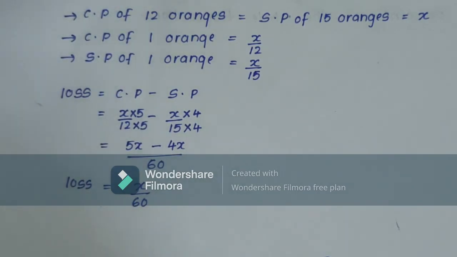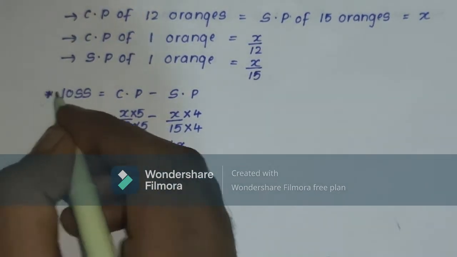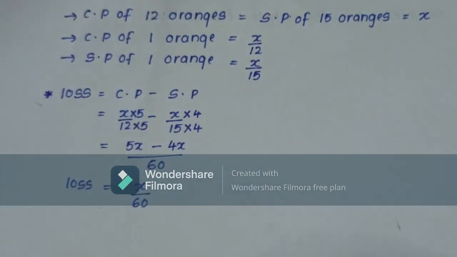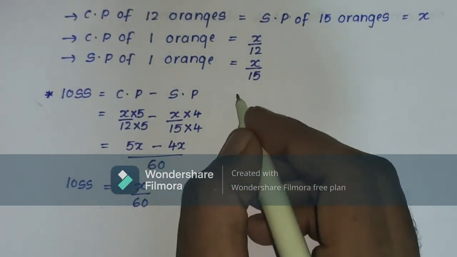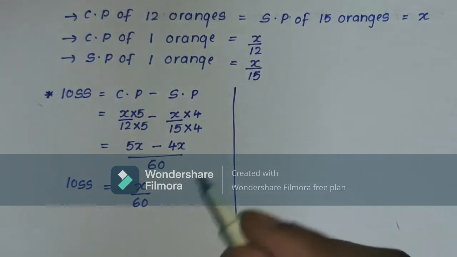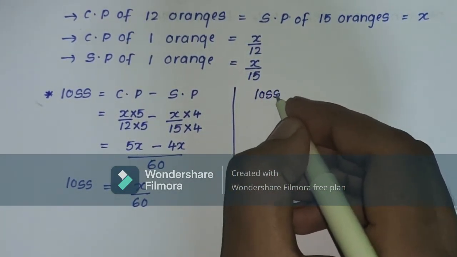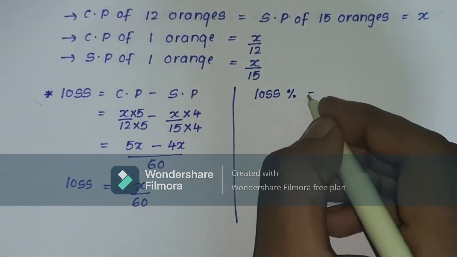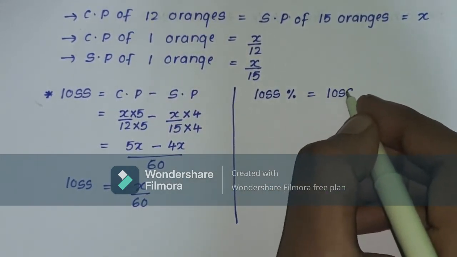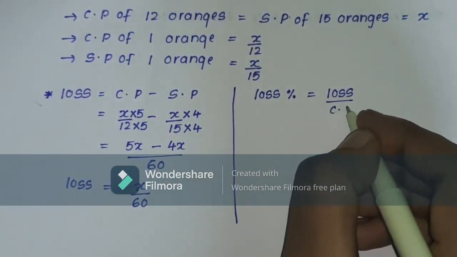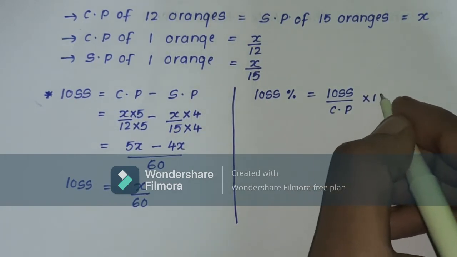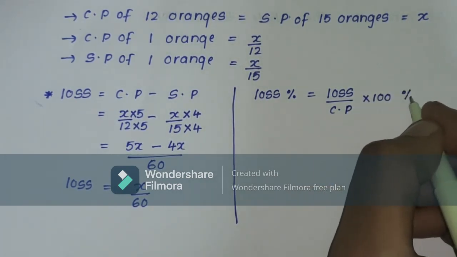Now, we can easily find the loss percent, student. Yes, we will now try to find the loss percent. So here we go, student. What is the formula for loss percent? It's simple. Loss percent is equal to loss upon CP into 100, and your answer will be in percentage.